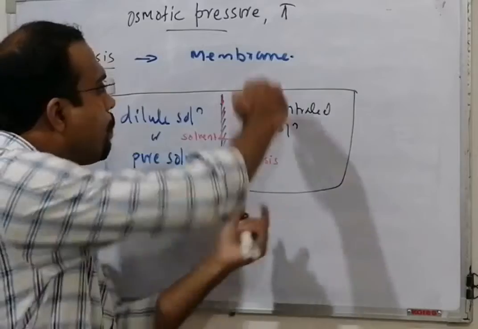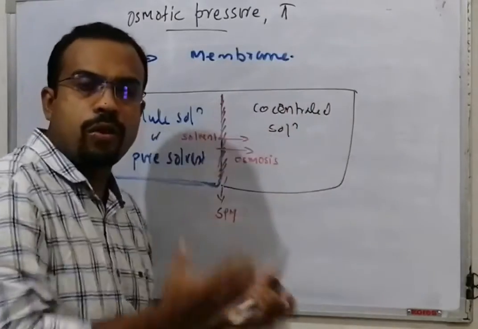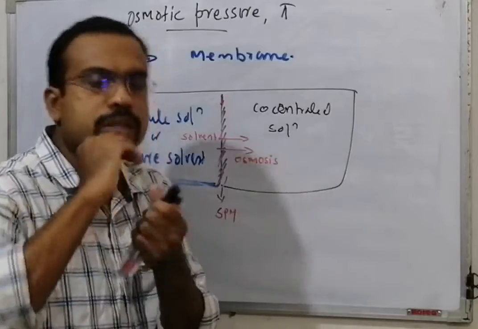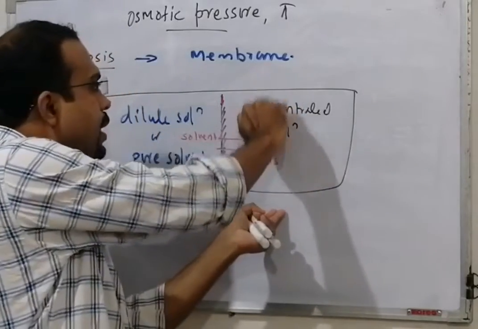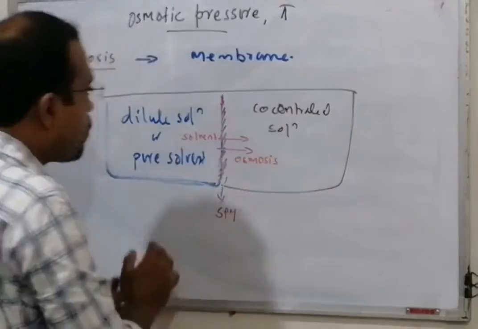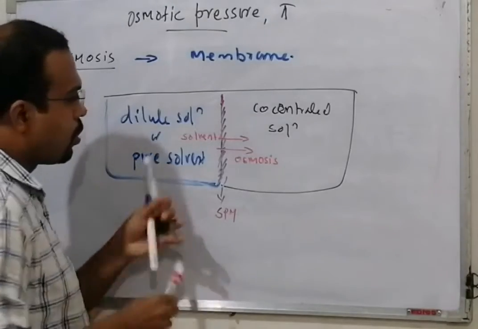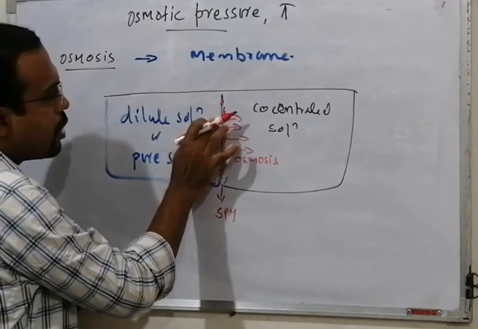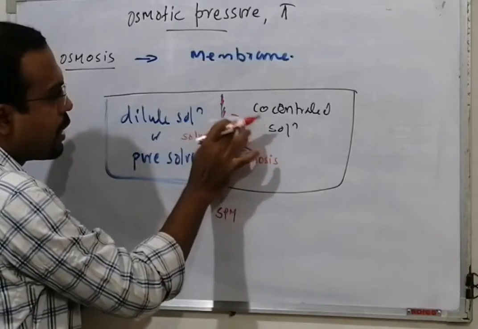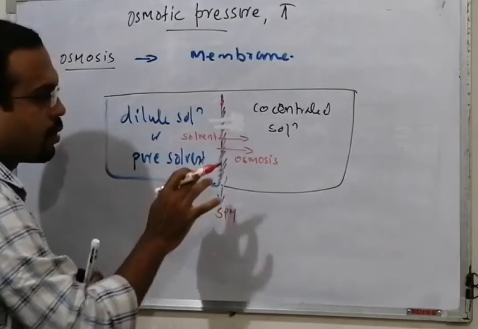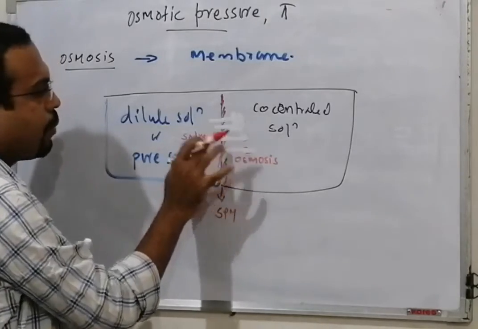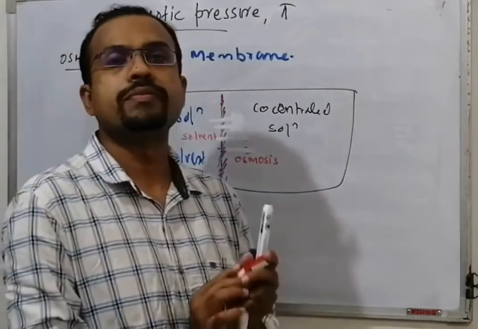Okay. Now I press this side. The concentrated solution part of the tube is compressed, so that the pressure increases. Because of that pressure, the movement of water is decreased. Now imagine it just stops.